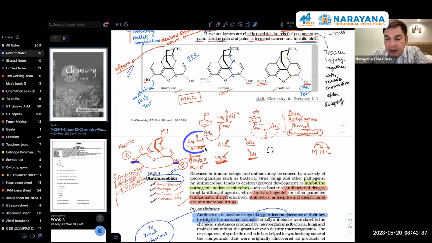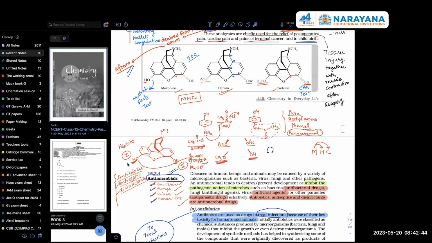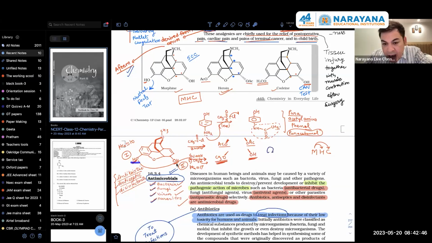Are you comfortable with this visibility? Yes, sir. So for these two alcohols, when I use excess CH3COCl, both O will attack and become OCOCH3, so that becomes OAc. OAc means it is heroin, right?